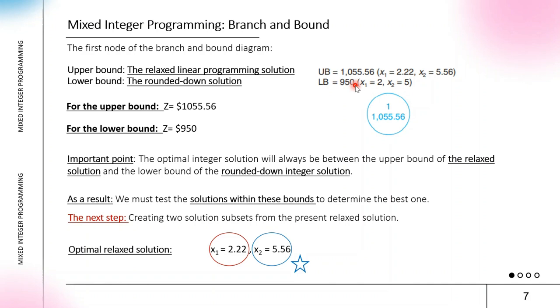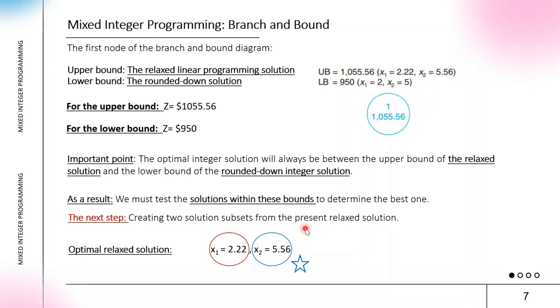The next step is to split the LP relaxed form into two new subproblems or branches. An important question arises here: from which decision-making variable should we create branches? The answer is from the decision-making variable with the largest fractional part. As we can see from this slide, x2 has a larger fractional part.